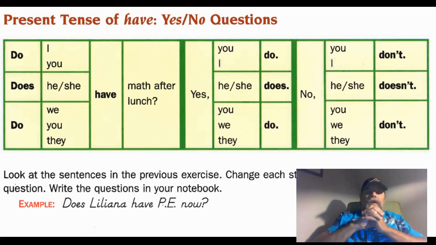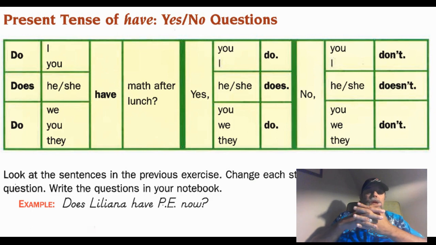Today, you guys are going to look at your schedules, the schedules that you wrote up, your own schedules, and the schedules of those 4 other students. And you are going to write questions about those schedules, and then you can ask each other those questions.